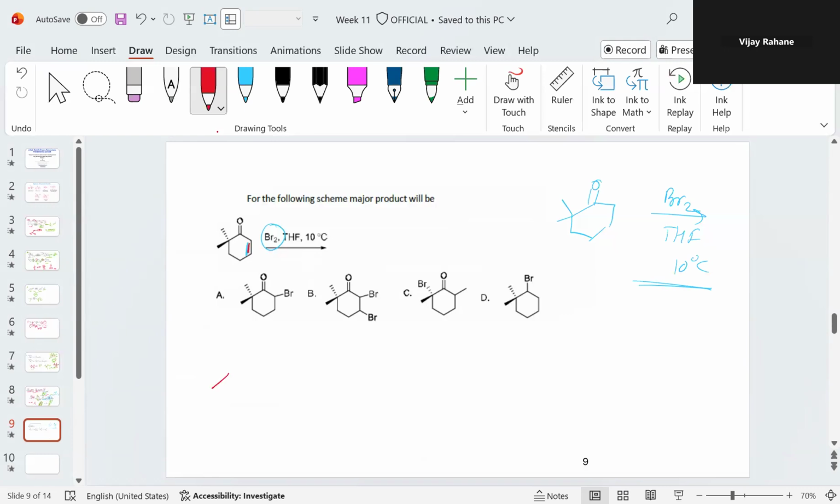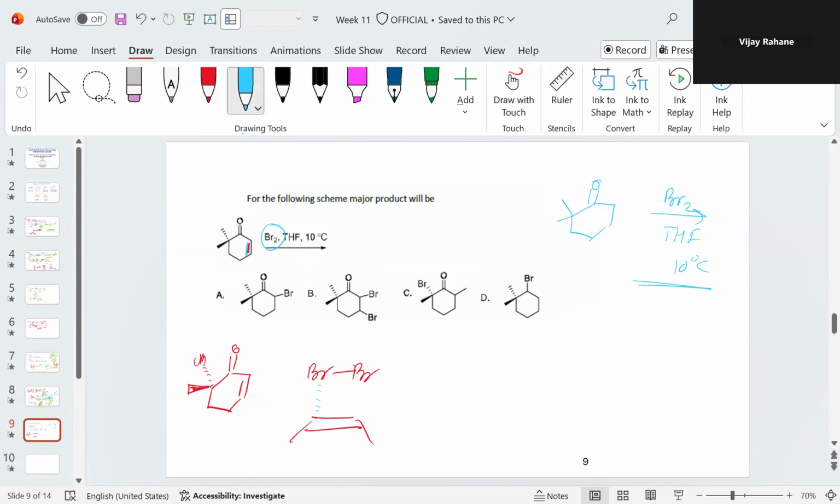So let's say we have the starting material that I have mentioned, with one methyl on the downside and another methyl on the upside. In the bromination reaction, Br2, this bromine reacts with the alkene in this fashion.